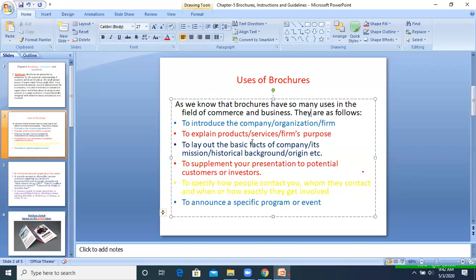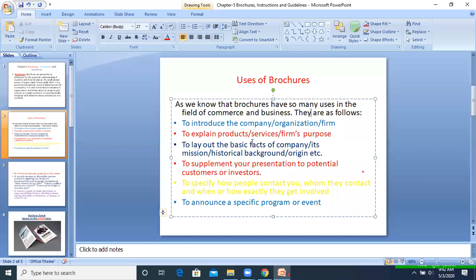Especially company, organization, firm, these are the business language. The thing is the same, but the same thing is called by different names here. So to introduce about the company, what is used? Brochure.